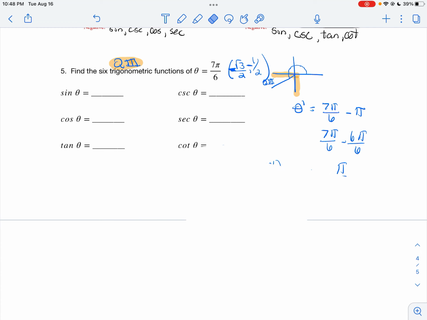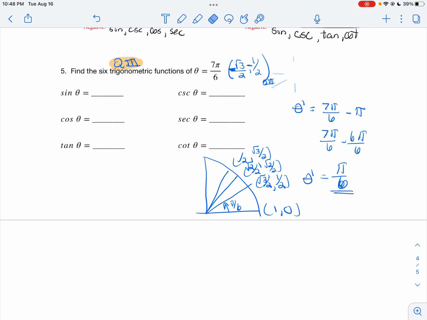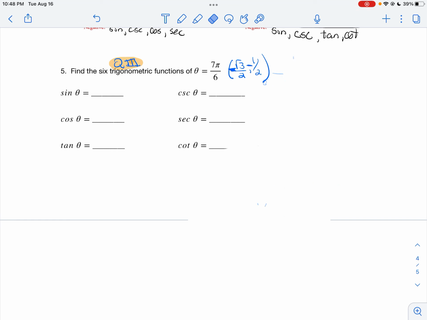Give me some more room to write. And I can find my 6 trigonometric functions now. All right, so sine is my y, so that's negative 1/2. Cosine is my x, negative square root of 3 over 2. Tangent of theta is equal to y divided by x.